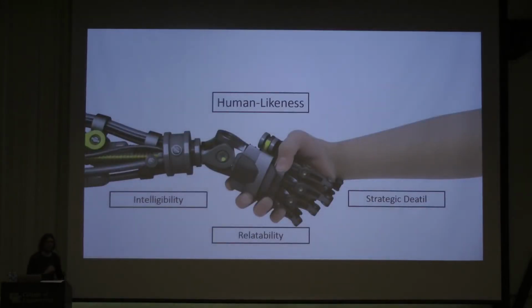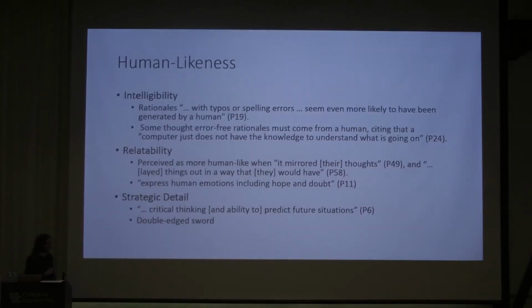Here, though, you get interesting things starting to happen. Human likeness: three factors affect this, intelligibility, relatability, and strategic detail. Anything related to humans is just super tough, so what you find here is that people are a little all over the place. Take intelligibility. On the one hand, rationales with typos or spelling errors seem more likely to be generated by a human.